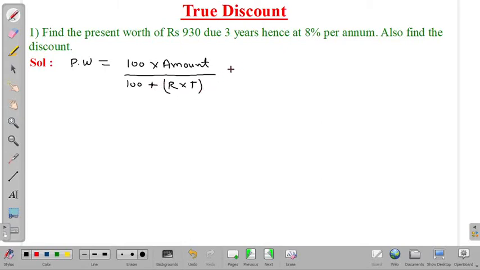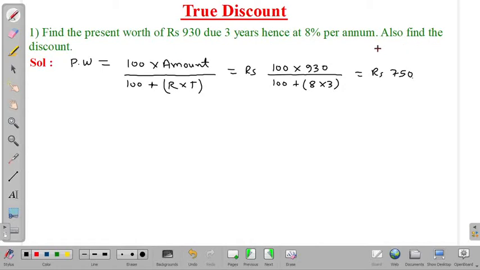So substituting the values, we will get 100 into amount due is 930 divided by 100 plus rate of interest is given as 8 into time is 3 years. So we will get this as rupees 750. So now we have calculated the present worth.